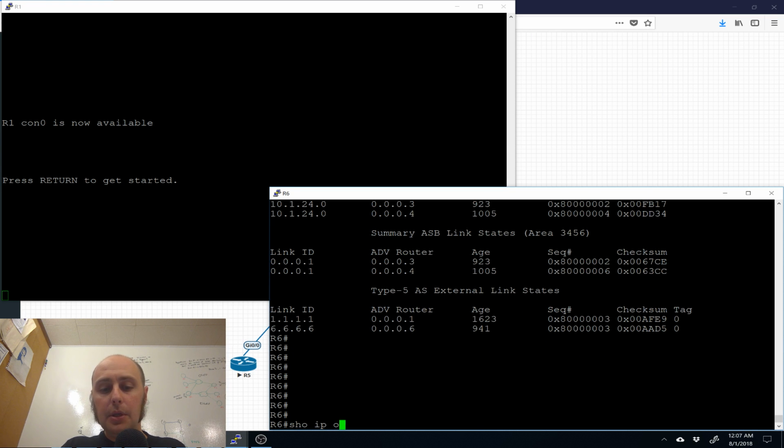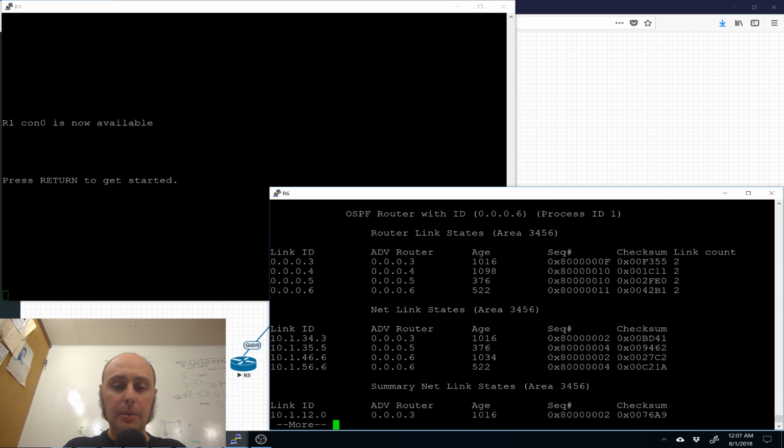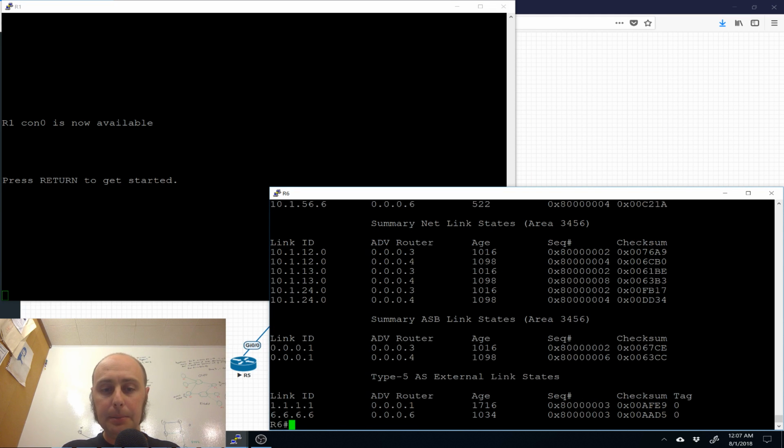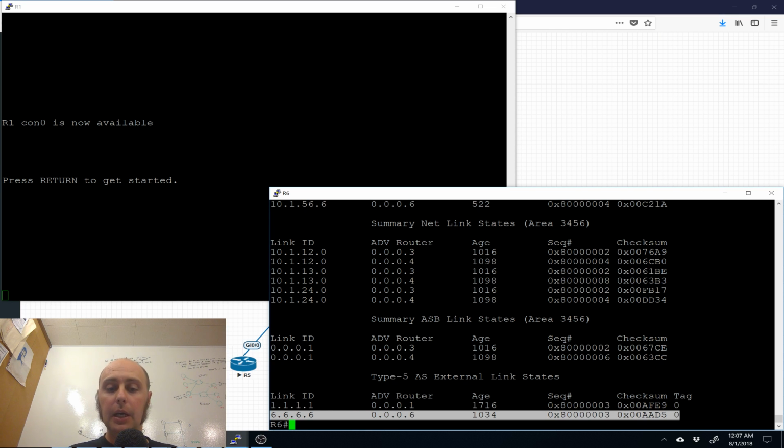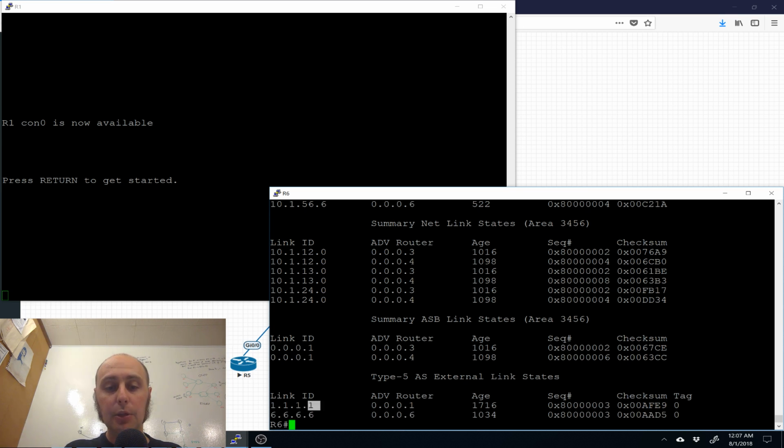So show IP OSPF database down here at the bottom. Here is my LSA type 5 for my locally injected loopback, which is shared amongst my area. And then here is the loopback coming from router 1, which is in another area, coming up from area 0. It's injected as an external.